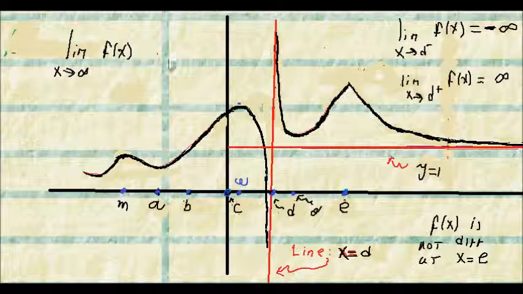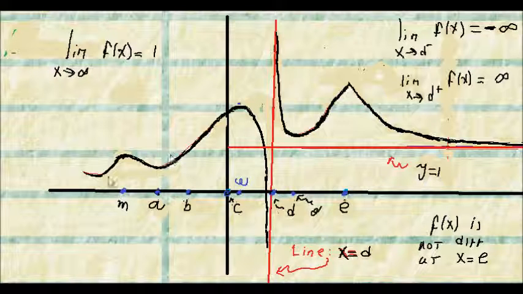As you move to infinity, the graph of f of x seems to be becoming the line y equals 1. So this is equal to 1.